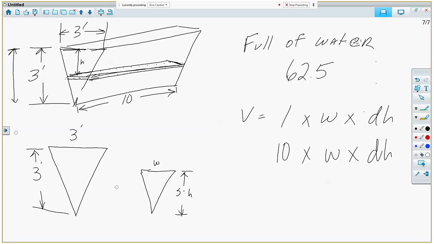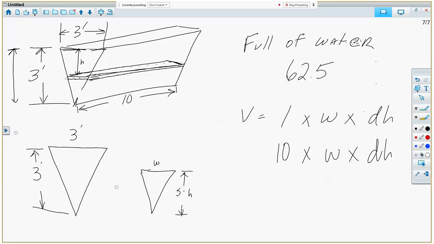Just take my word for it, because it's in the conic. We didn't have a rectangle. Everybody with me? Okay, so the 3 minus h had to be integrated at a different time with the conic.